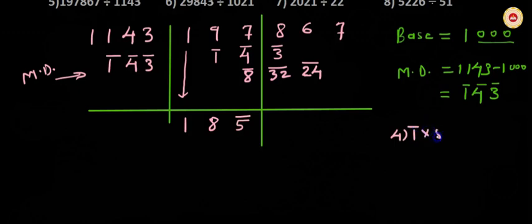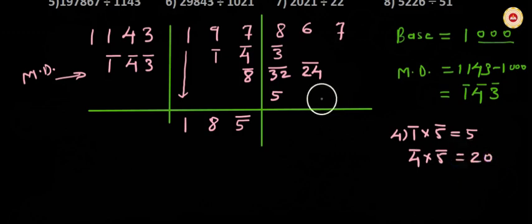Minus 1 multiplied by minus 5 is 5. Write this 5 in 1, 2, 3, 4, fourth column. Now, minus 4 multiplied by minus 5 is plus 20, positive 20. Write this plus 20 in the fifth column. Now, third digit in the modified divisor, minus 3.